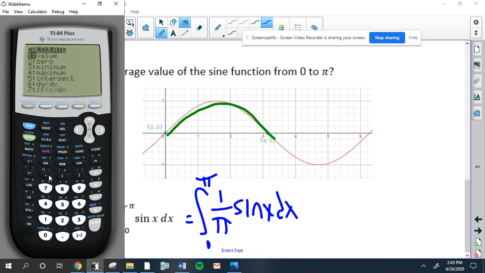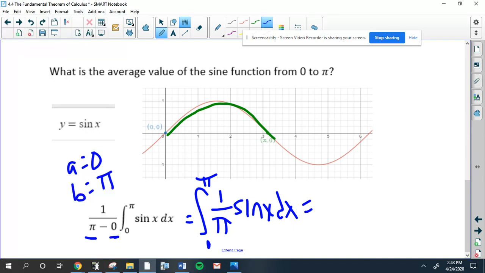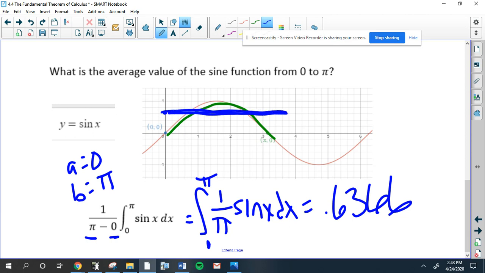Second, calc 7, lower limit is 0, upper limit is pi. Hit enter, and the value of this integral is 0.6366, which is about right here. So the average value is right around this area. That makes sense. So that's average value. In the next video we'll do a couple of examples, and then you can practice those tonight.